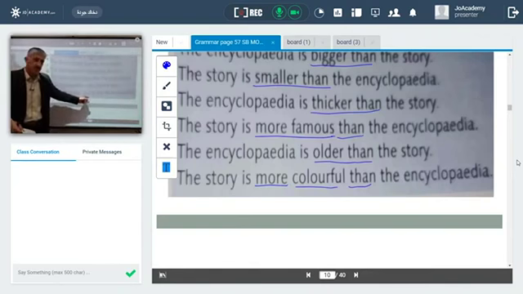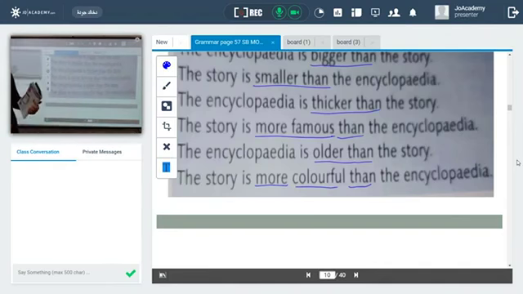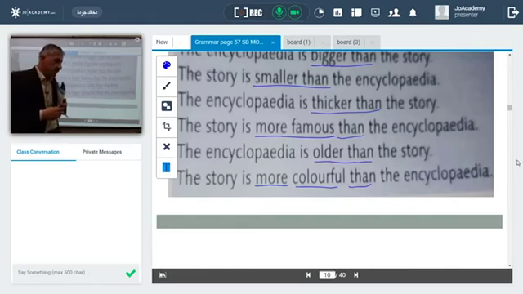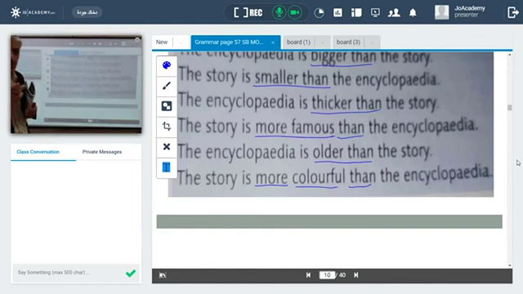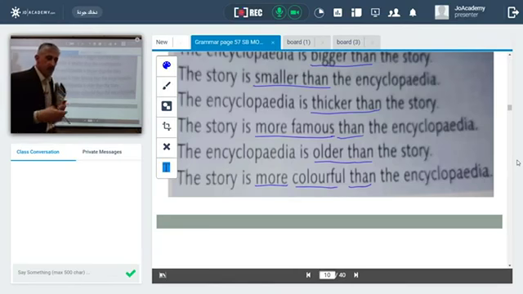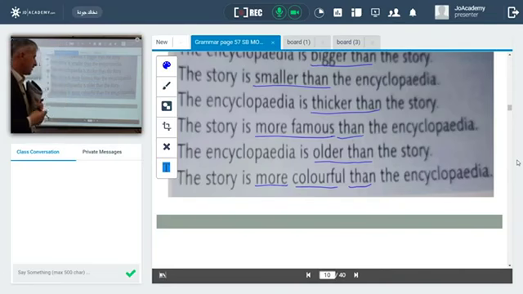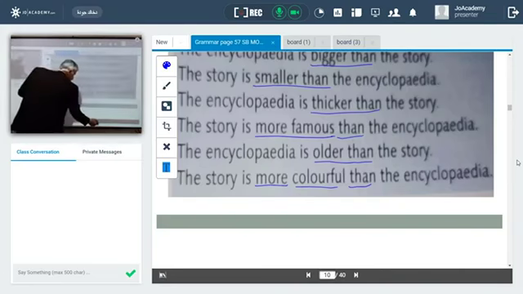Because the adjective colorful is a longer adjective. It is not one syllable, it is two syllables. When we pronounce it, we pronounce it in two syllables. Try it and practice it, and you will come to know whether it is one syllable or more than one syllable. Okay, so let's move.